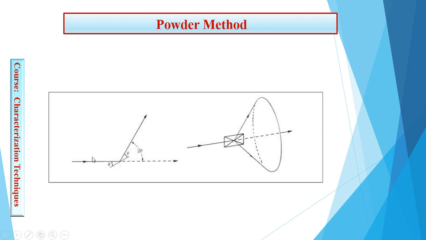For example, if this is the incident beam and it falls on the sample, and the sample is rotated in different directions, then all the diffraction from the different planes is emitted, and they form a whole circle in which all the planes present in the sample contribute to the diffraction.